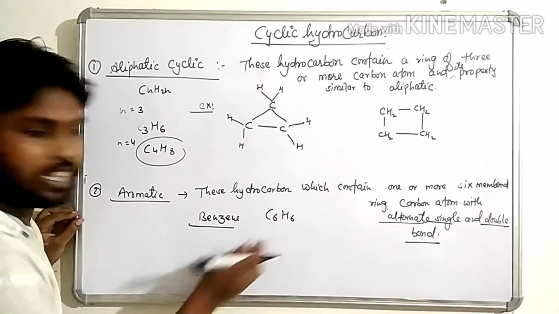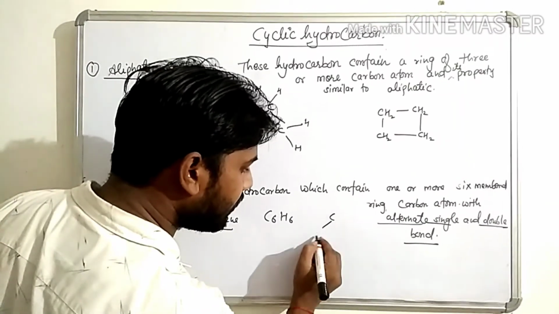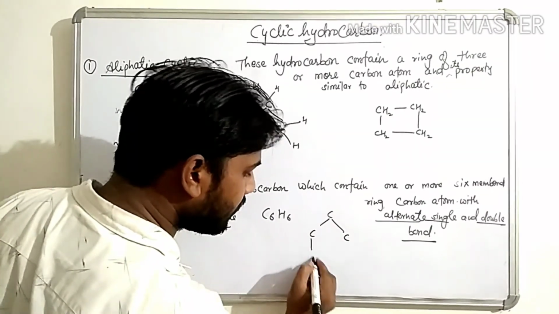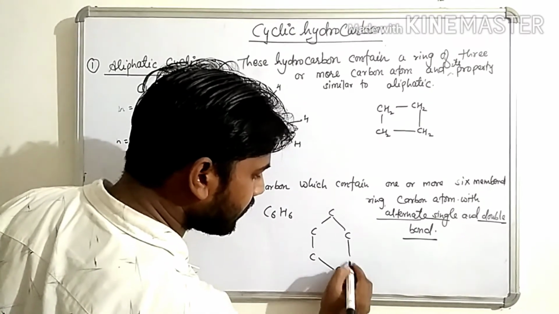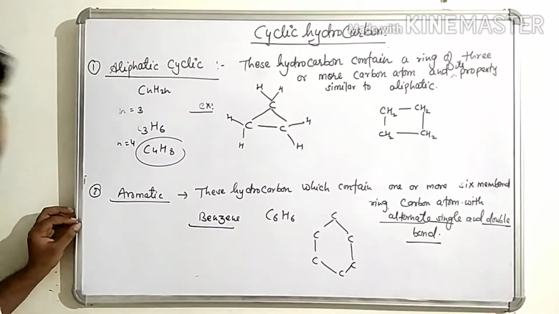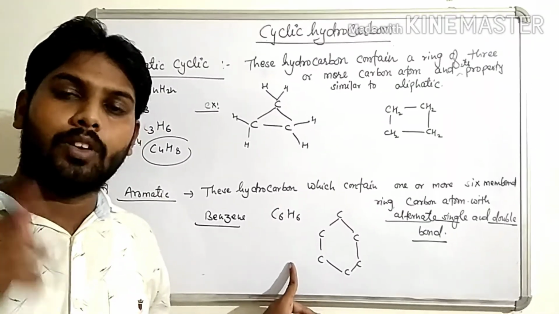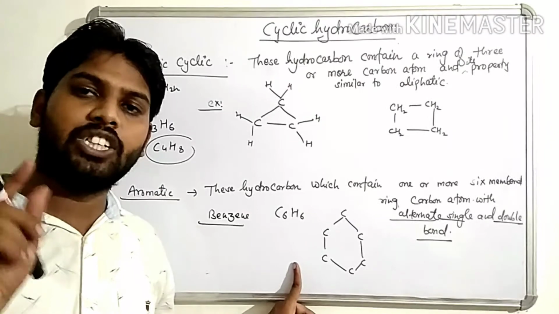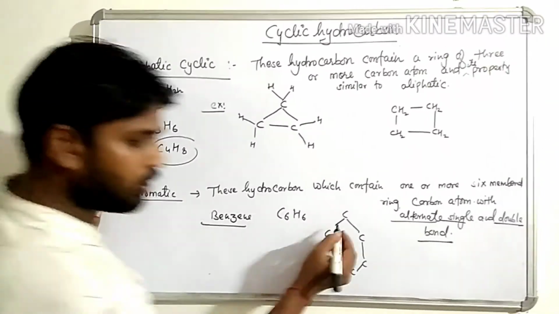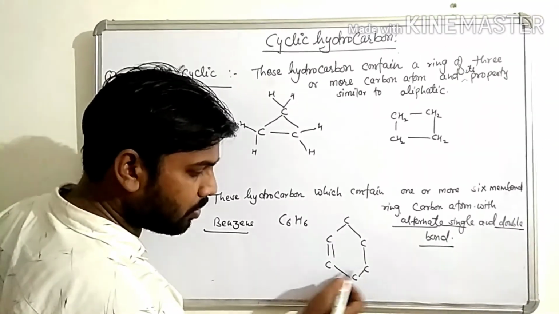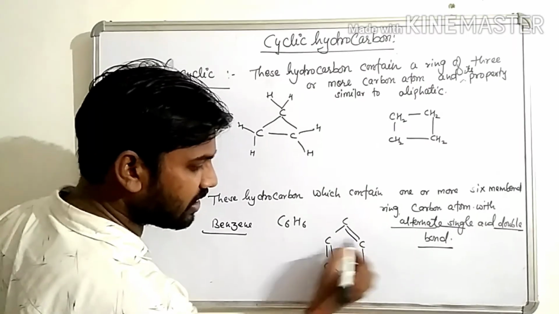6 carbon means hexagon, children, carbon, carbon, carbon, carbon, carbon, carbon. In the hexagon, children, in benzene, it forms 3 double bonds and 3 single bonds. So double bond, single, double bond, single bond, double bond, single bond.